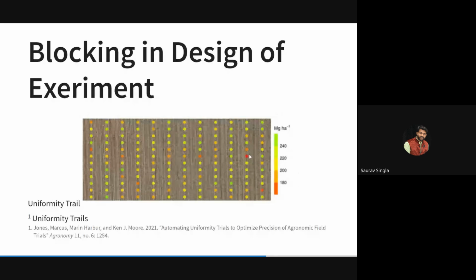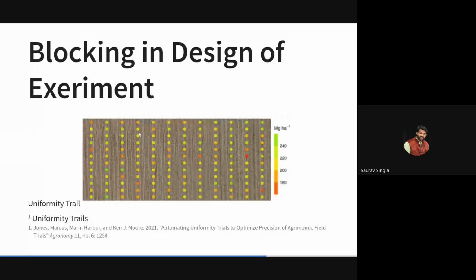This red dot is having, I think, very low yield. This small plot which is covered by this orange dot is also having low yield. Here you can see there is a very green dot. The plot covered by this green dot is having a high yield.